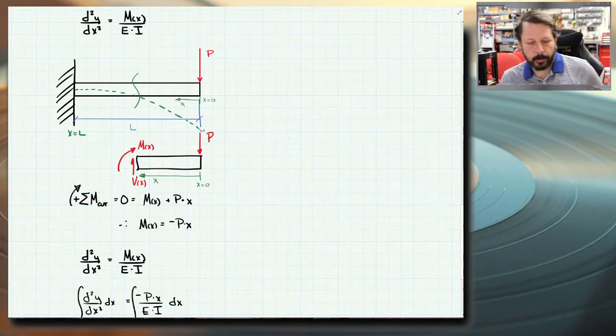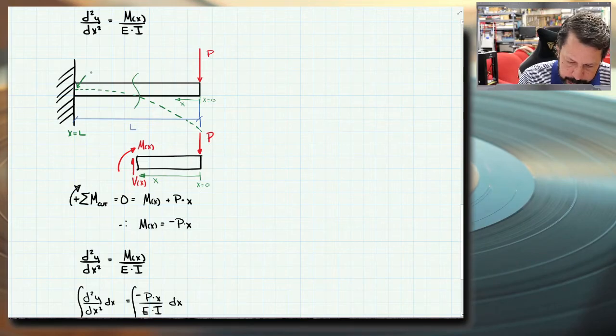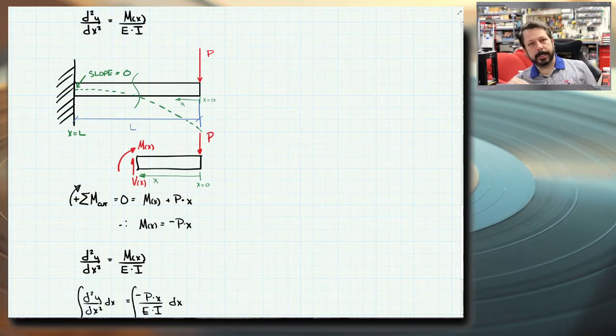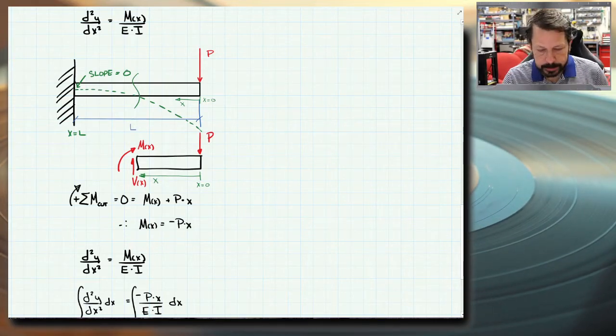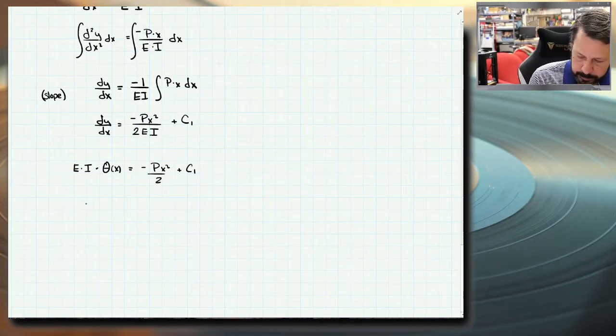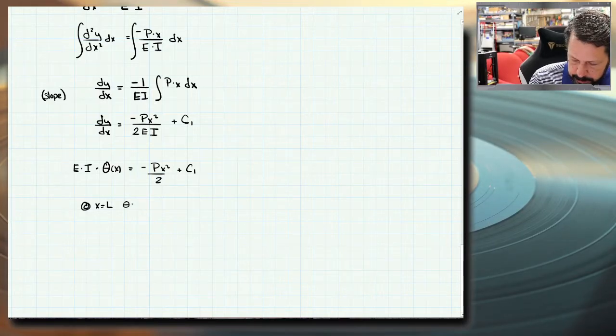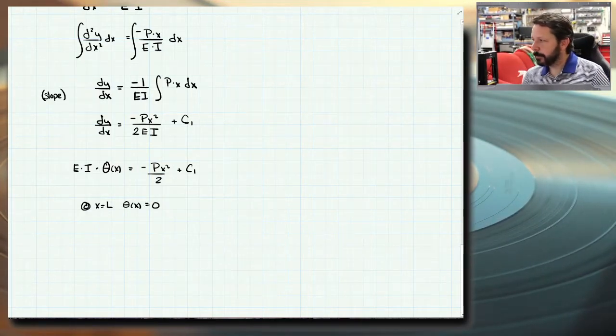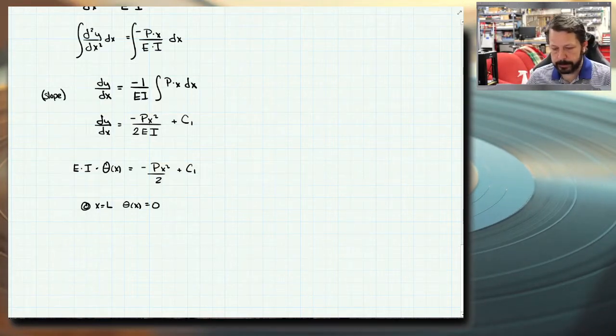And I know that at the wall, slope equals 0. It's horizontal where it's attached to the wall. So I can use that as a boundary condition. At x equals L, theta of x equals 0, or theta L equals 0.